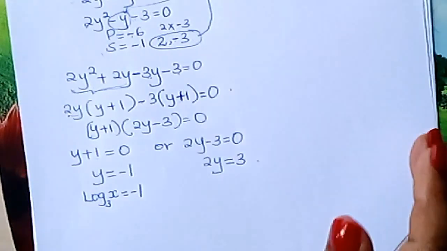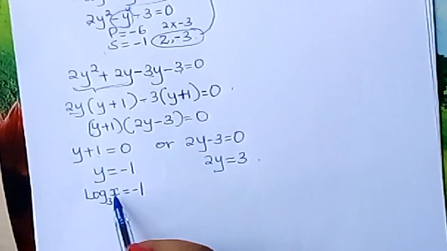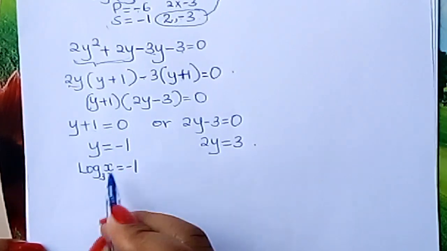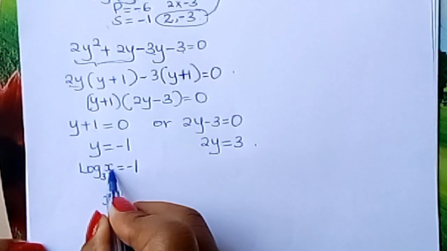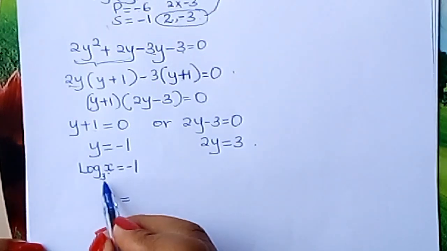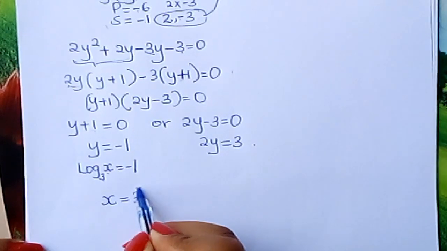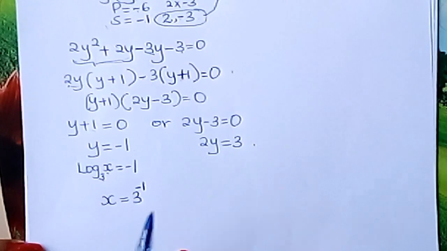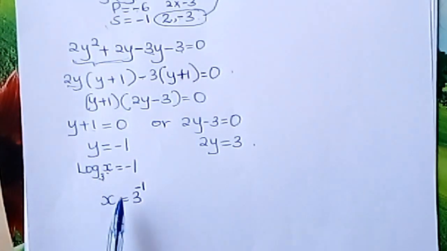We first continue with this. So what is x, learner? If log x to base 3 is equal to negative 1, then what is x? What is the index notation for this?